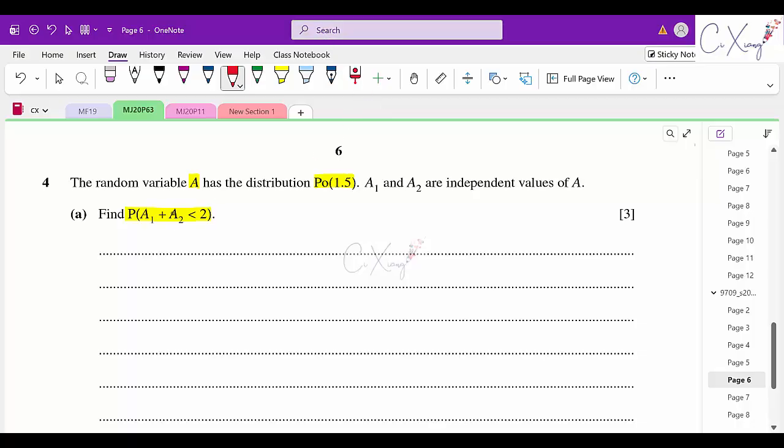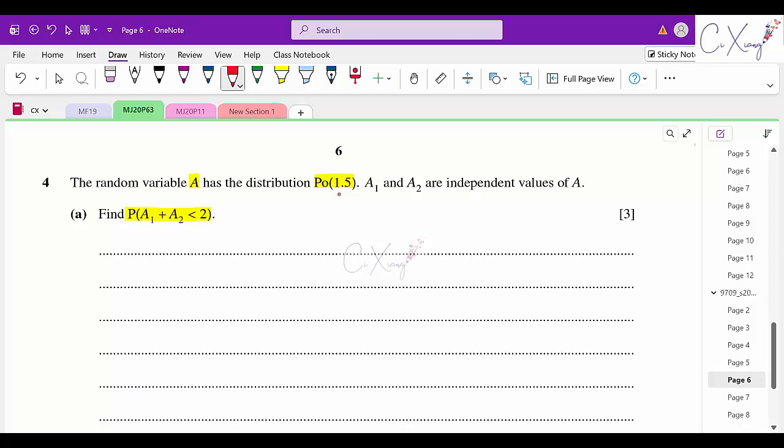Since A1 plus A2, both A1 and A2 are from the variable A, right? And both of them should be Poisson distributed as well.